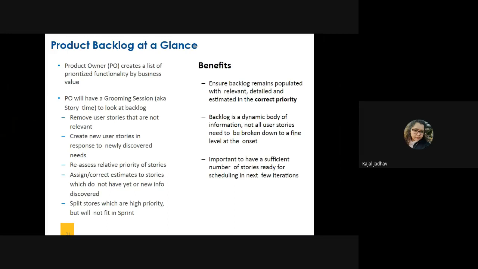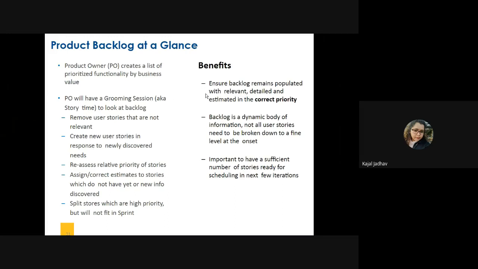If there is anything that is no longer applicable or irrelevant, they remove those stories. Whatever user stories are important and critical from a business perspective, they prioritize, and then those user stories are pulled from the backlog into the sprints. So this is how it happens.